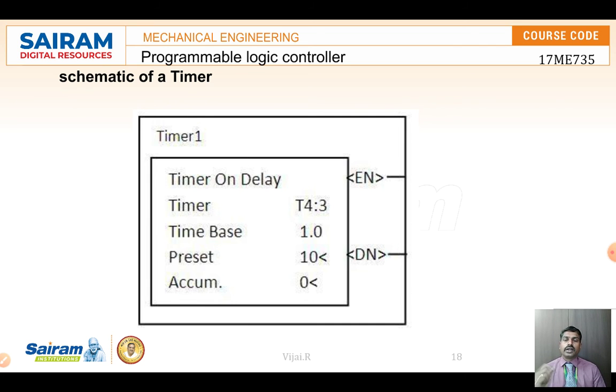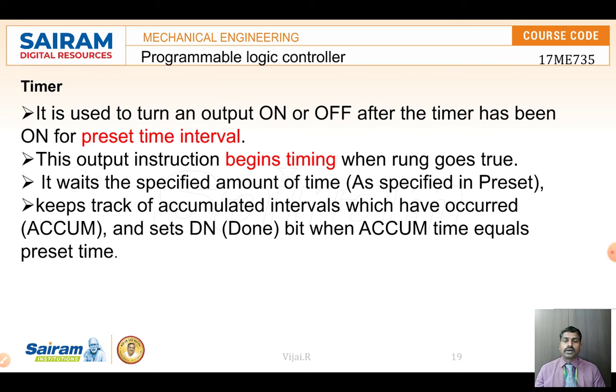Once a timer is set, the counter starts to begin reading. The timer is used to turn on and off after it has been set for a preset timer interval. So I want to set a preset time for the next process.